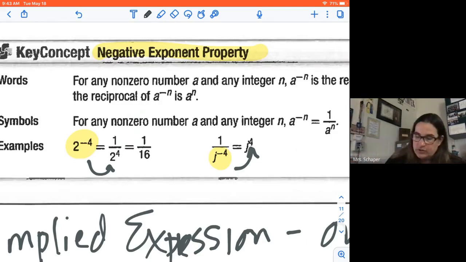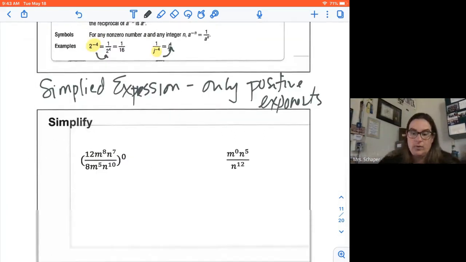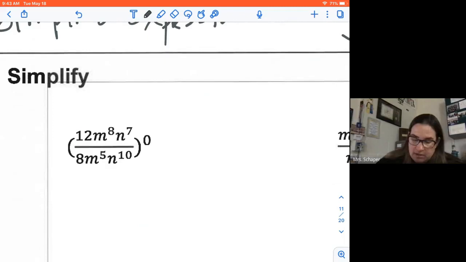All right, so let's play around and have some practice with these. First of all, talking about the 0 exponent. In this particular problem, this is the base. Okay, 12m to the 8th, n to the 7th over 8m to the 5th, n to the 10th. That is the base of this expression. 0 is the exponent.